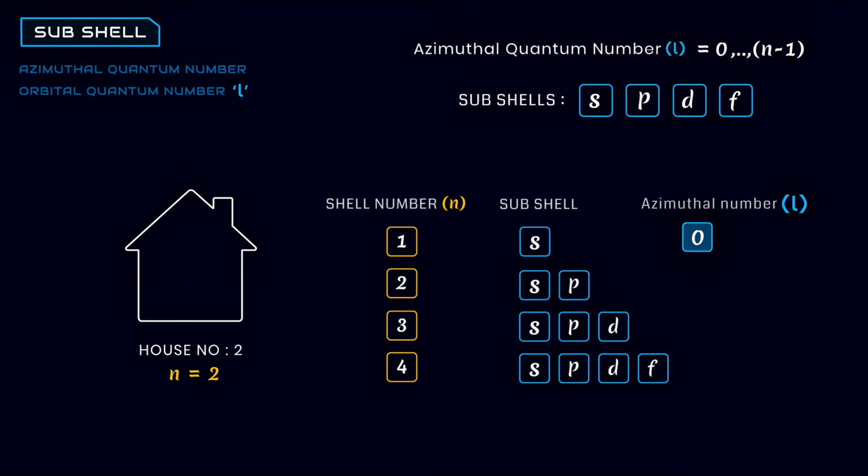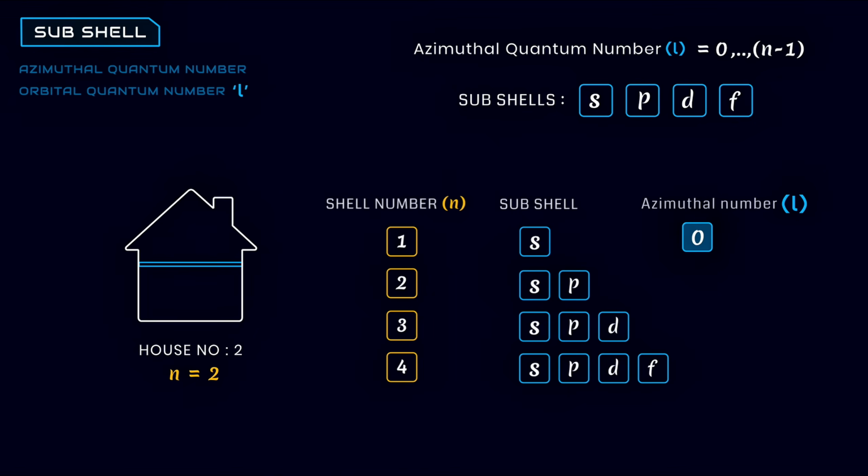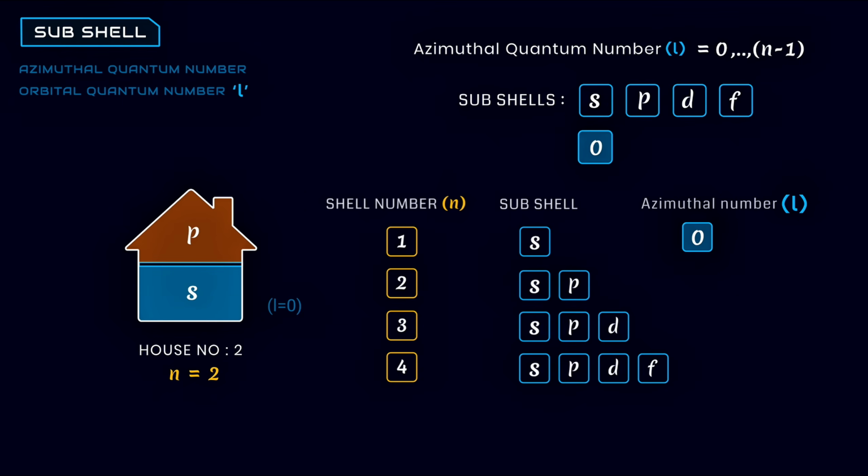House number 2, n is equal to 2, is bigger than house number 1, so it has two floors, ground floor, which is subshell S, and first floor, which is subshell P. Quantum number of S subshell is 0, because it's a ground floor, and quantum number of P subshell is 1, because it's first floor. Therefore, for the first shell, the L value is 0, and for the second shell, L values are 0 and 1.